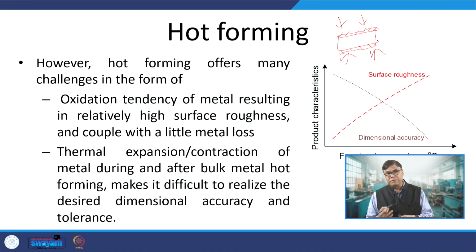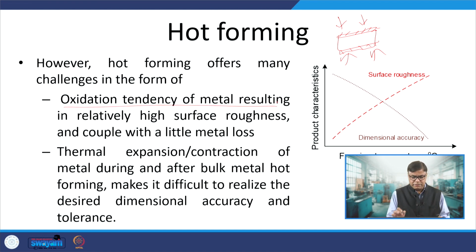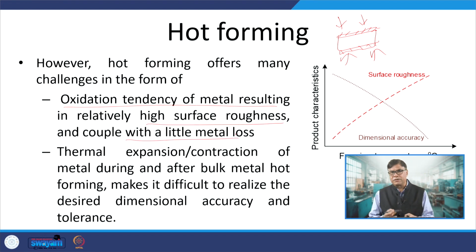The formation of these oxides and nitrides at the surface will lead to an increase in surface roughness, a drop in surface finish, and also a little loss of material in the form of chipping of these oxides and nitrides. So, hot metal forming offers many challenges in the form of the oxidation tendency of the metal, resulting in relatively higher surface roughness coupled with metal loss, because these oxides will subsequently be chipped off from the surfaces either during the forming or during the post cleaning action.